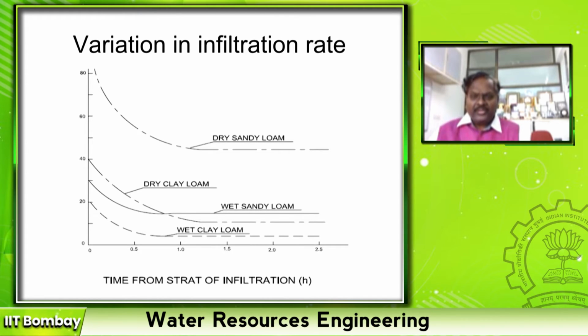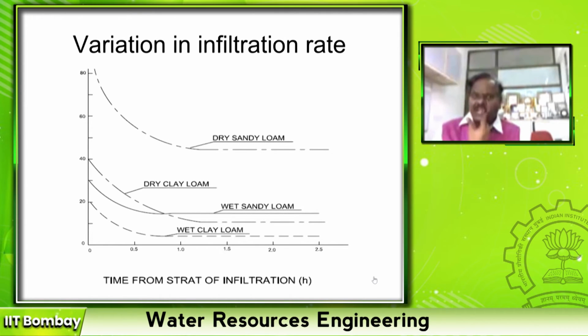When you are doing the experiment, you will be locating your double ring infiltrometer at a new location. Suppose you carry it out in the same location as the previous batch, then you will not have a curve like this. You will have only a horizontal curve, because your soil is already saturated. So the saturation reaches a constant value.